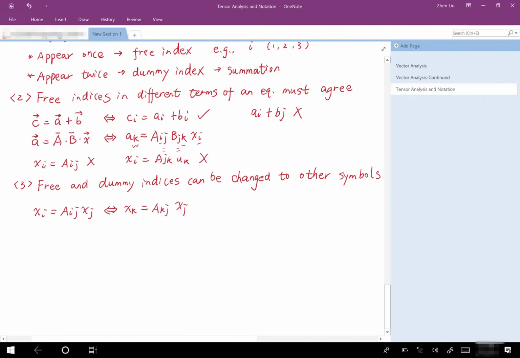So these two equations are identical. They're the same thing. We just changed the symbol. Or we can also change the dummy index. Let's say xk equals akj xj. Let's change the j to l, okay? So xk equals akl xl is also valid. And also, the free indices agree.